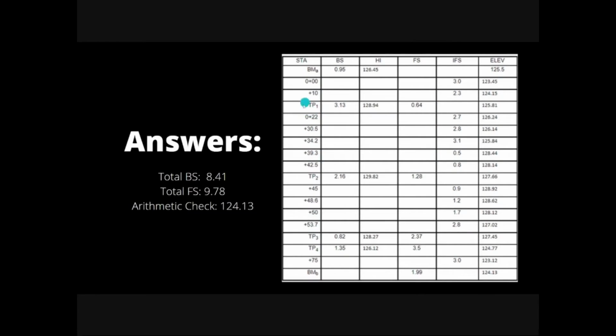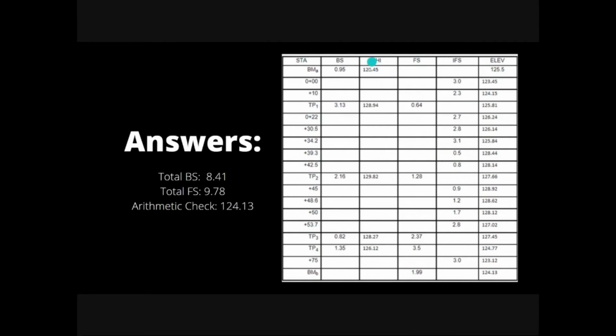So to get the elevation for turning point 1, we have to use this value, 126.45, and since we have the foresight value prior to moving, we have to measure or record the value before moving our equipment or instrument. So this is the value for the foresight reading in the turning point 1.